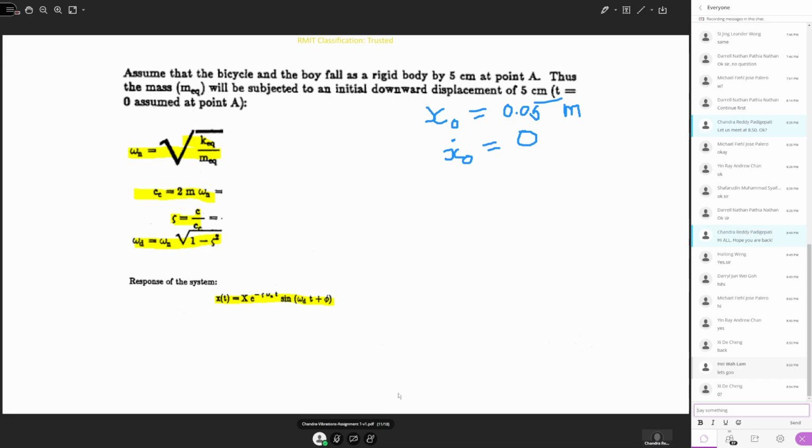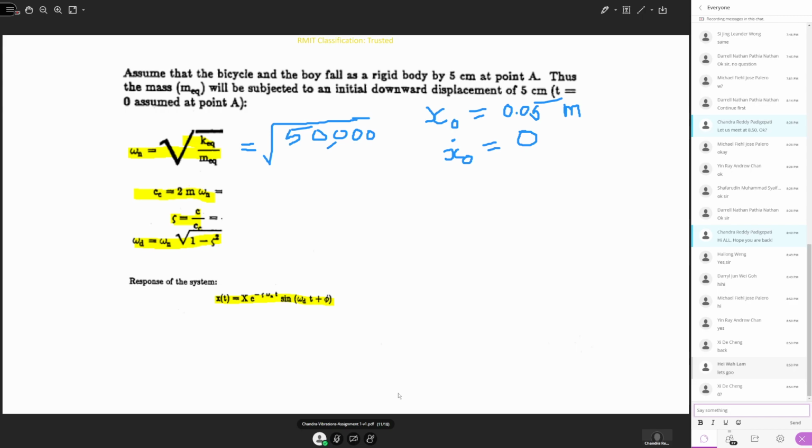So you can calculate the natural frequency of the system. Can you calculate and let me know your answer? The equivalent spring constant given is 50,000. So it will be 50,000 over the equivalent mass.